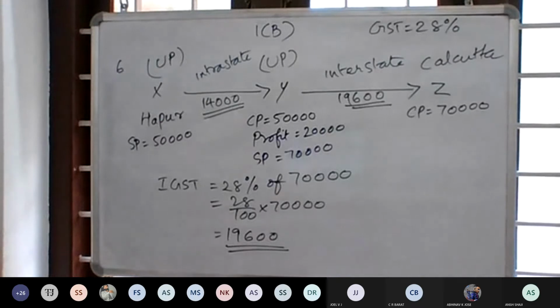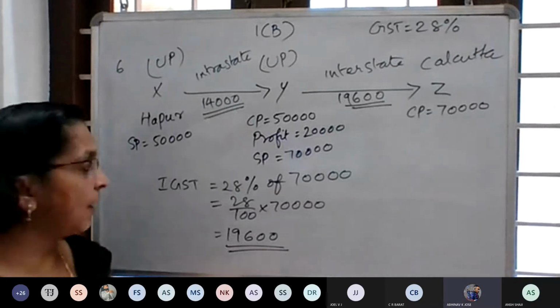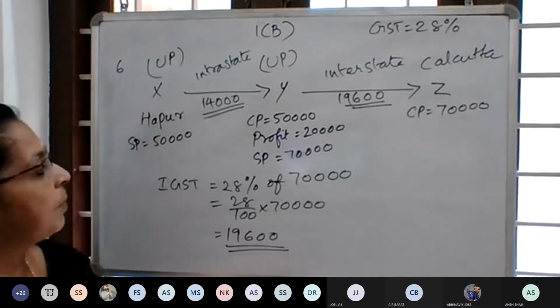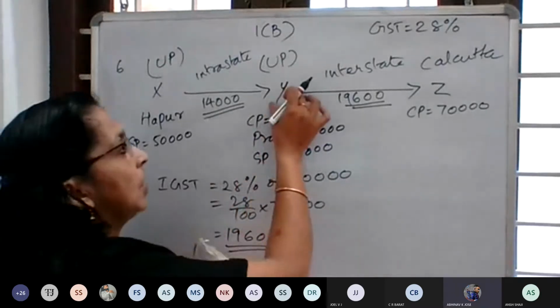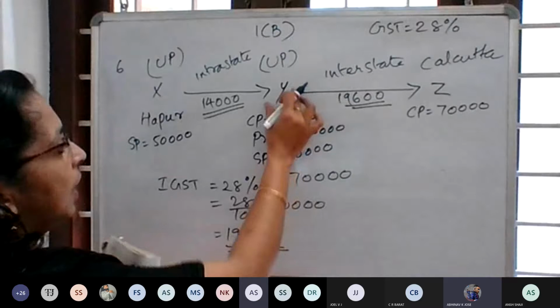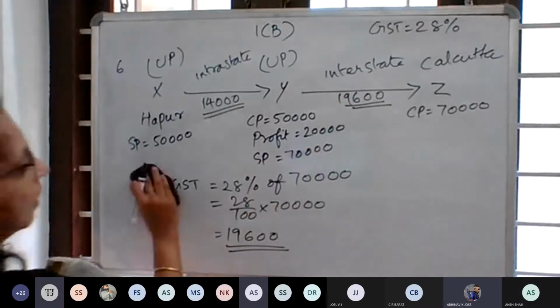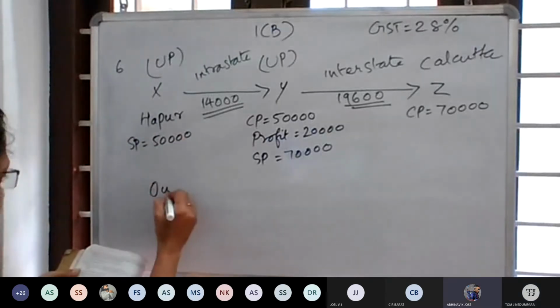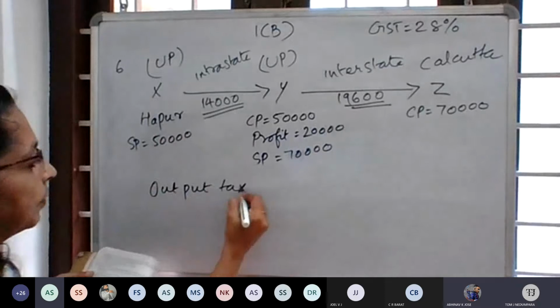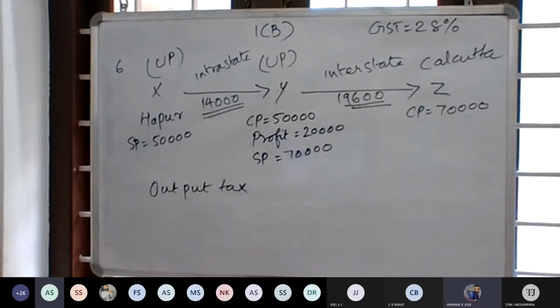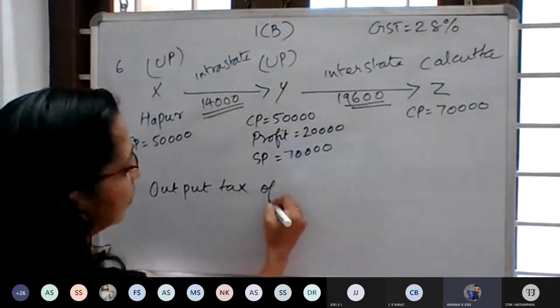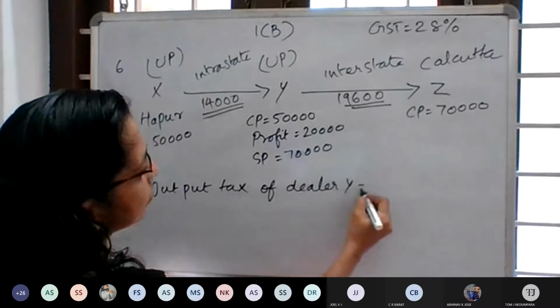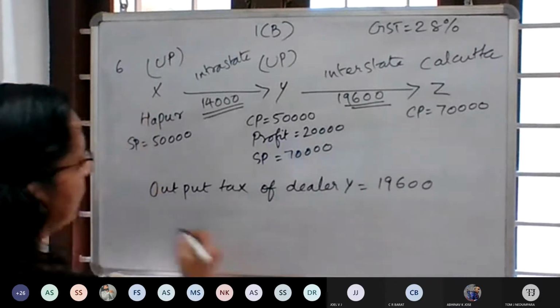Then what is our question? Output and input taxes for the dealer Y. What will be the output tax of dealer Y?